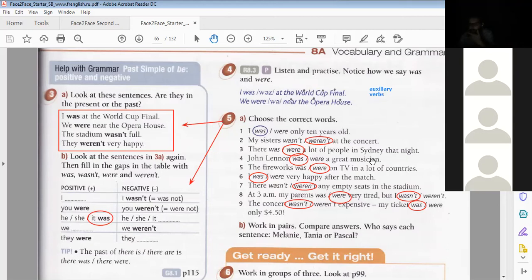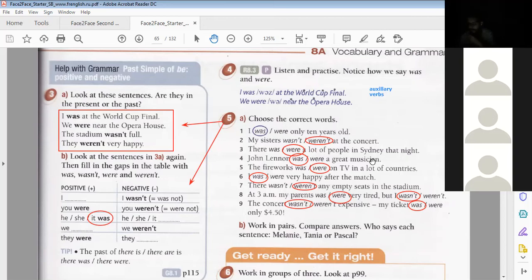Melanie. Pascal. Yes, I think Pascal. Melanie also talked about a stadium because the concert was in a stadium. But in Melanie's stadium, there were some empty seats. It wasn't full in Melanie's stadium. There were empty seats, right?